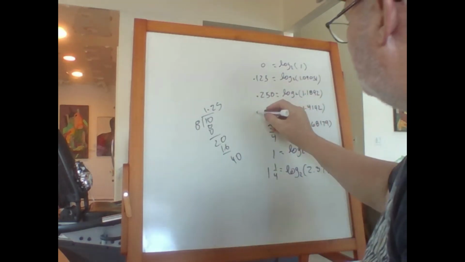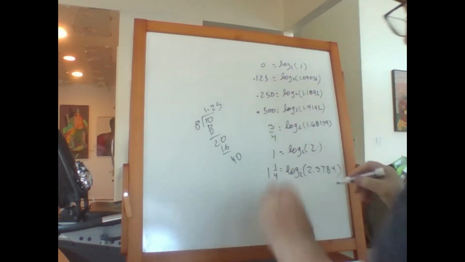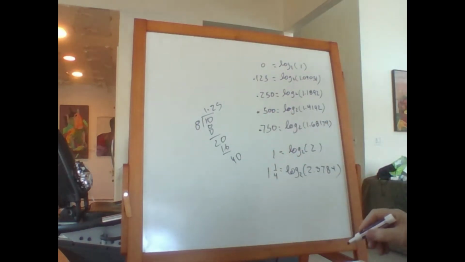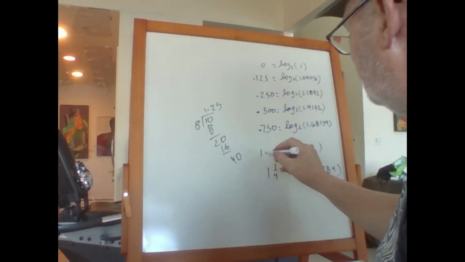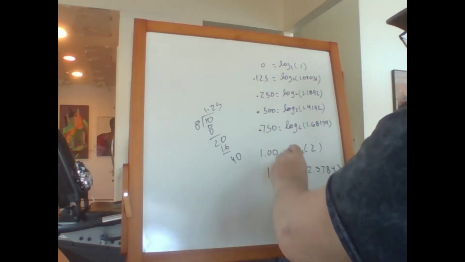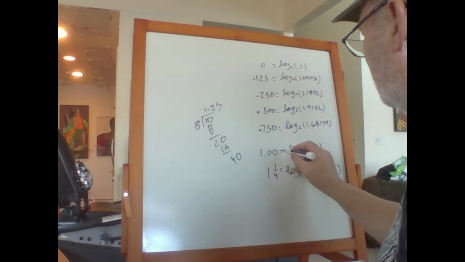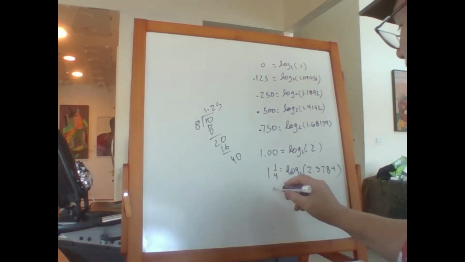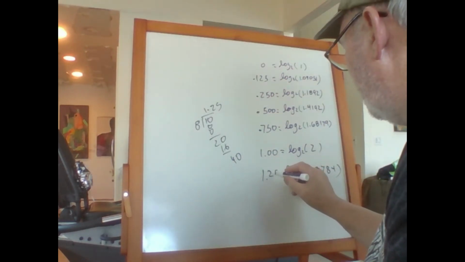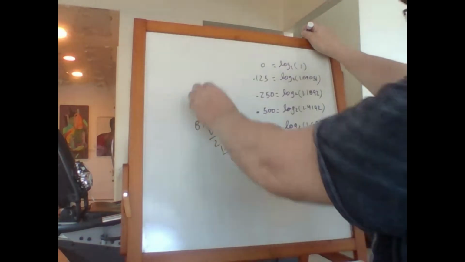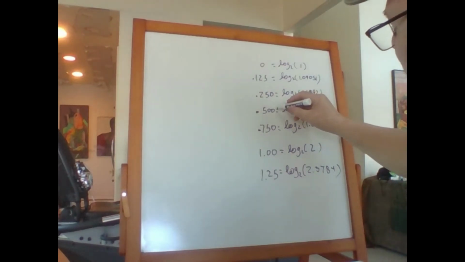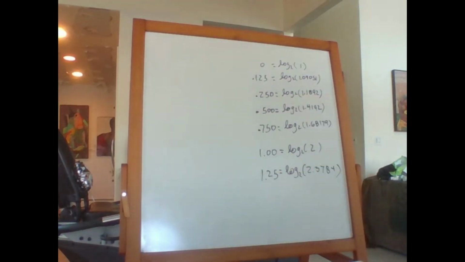This is 0.500. This is 0.750. And this is 1.00. And this is 1.25. And so we can go to decimal form, and that's how you normally see logs, tables of logs.